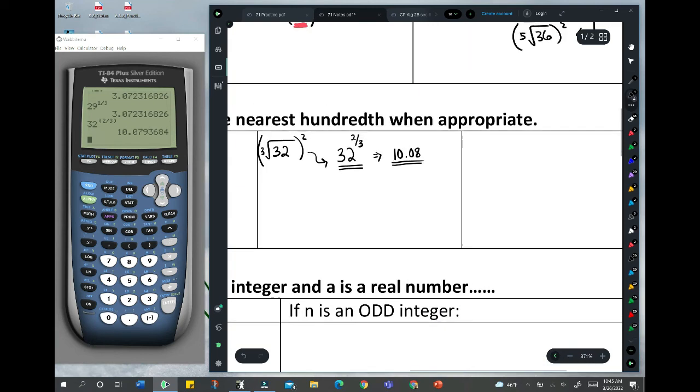You could also do negatives this way. So if you had to evaluate something like 1 over the 5th root of let's say 27, you should recognize, okay, it's in the denominator, so that means a negative exponent. So this is really 1 over 27 to the 1/5.